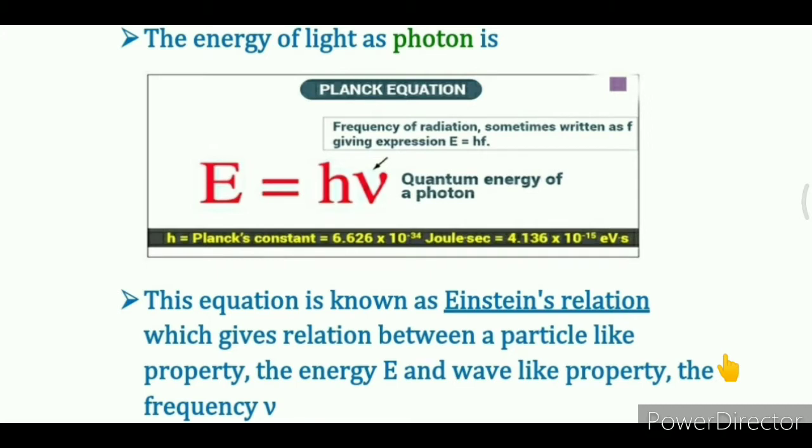It gives the relation between the particle-like property, that is energy, and the wave-like property, that is frequency.